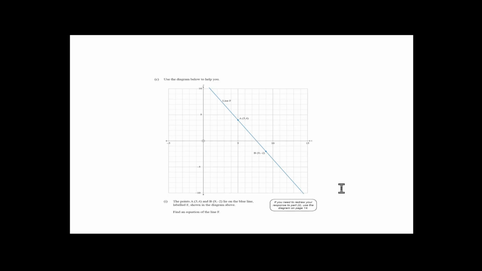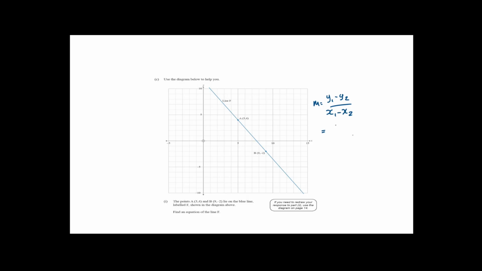Use the diagram below to help you. So the points (5, 4), that's that one here, and (9, -2) are on the blue line. Find the equation of the line. Okay, so you have to remember your two equations. m equals y1 minus y2 over x1 minus x2.